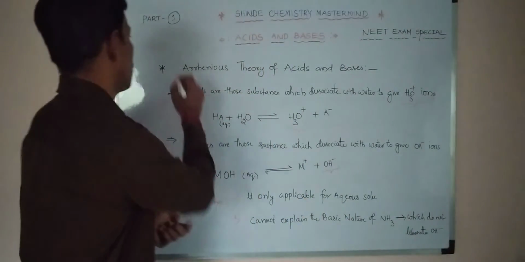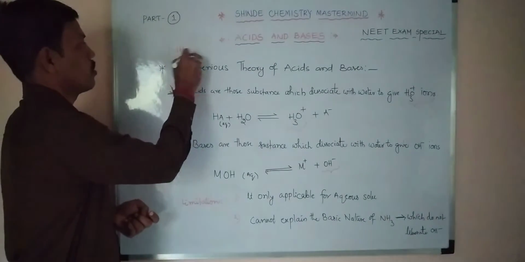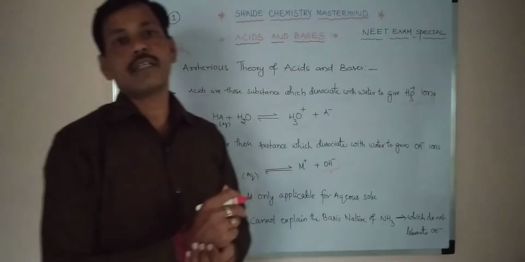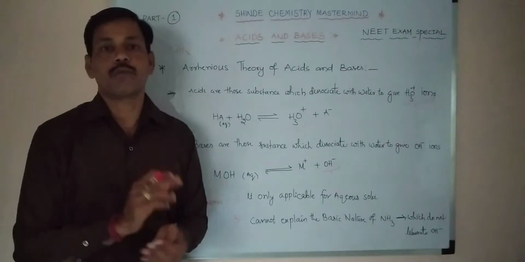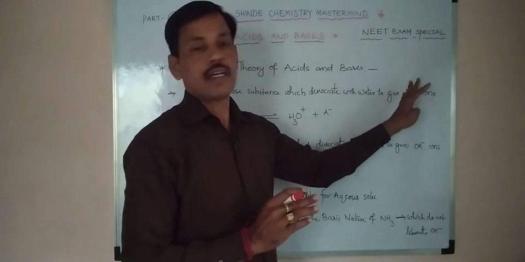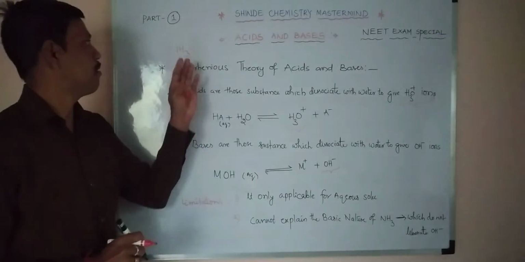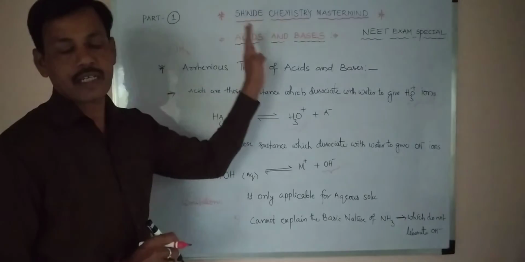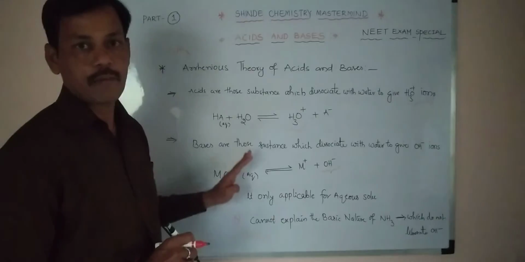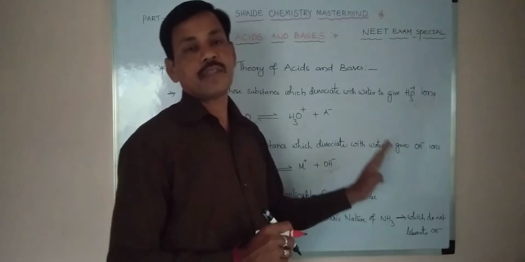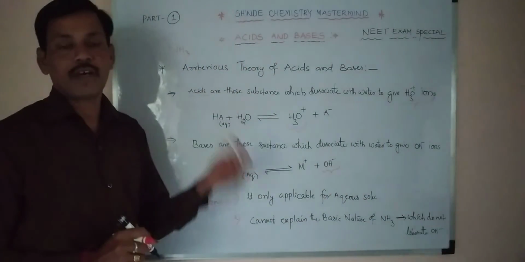NH3 is basic in nature, but it doesn't liberate any hydroxide OH minus ion, so this theory cannot explain the properties of such bases, and it is not applicable for further explanation of acids and bases.